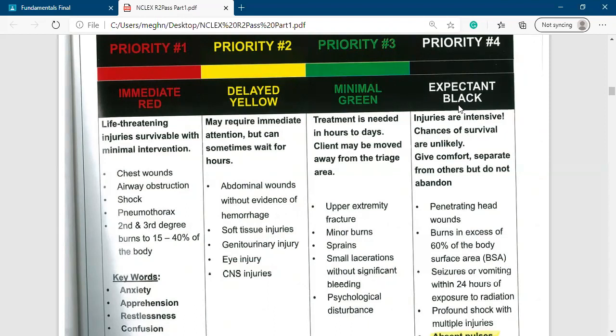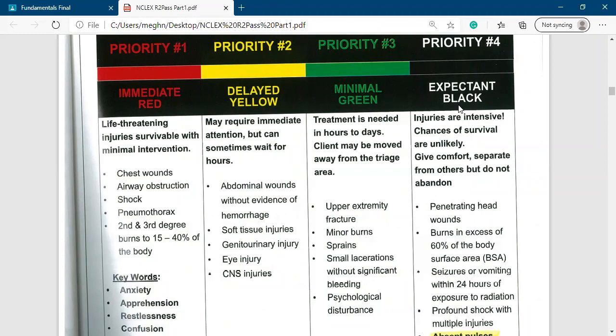Examples of black tag patients are penetrating head wounds or chest crush injuries, very bad chest crushing injuries. From your experience, when you see the patient, you can understand, okay, maybe whatever you do, the patient will die.